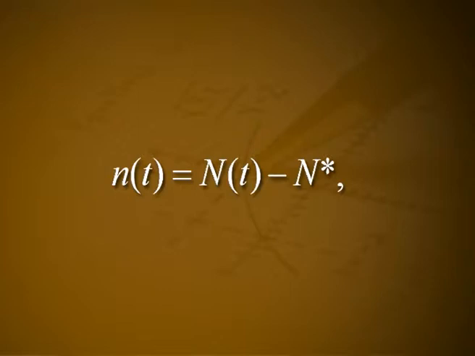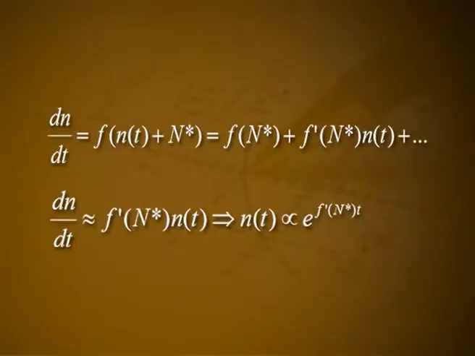This is clear from linearizing about N star by writing small n of t equal to capital N of t minus N star when the norm of n(t) is very much less than 1, and equation 5 now becomes dn/dt equal to f of n(t) plus N star, equal to f of N star plus f dash N star into n(t) plus etc., which to first order in n(t) gives dn/dt approximately equal to f dash N star n(t), which gives n of t directly proportional to e raised to f dash N star t.